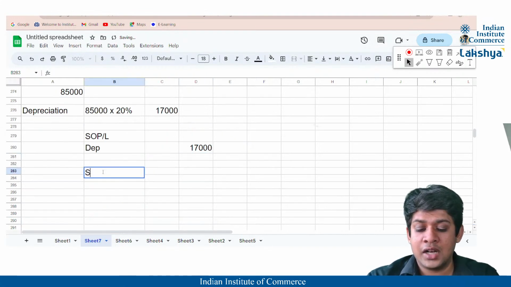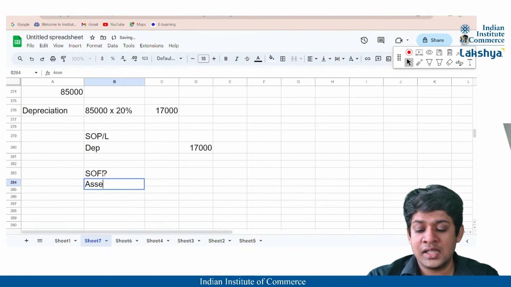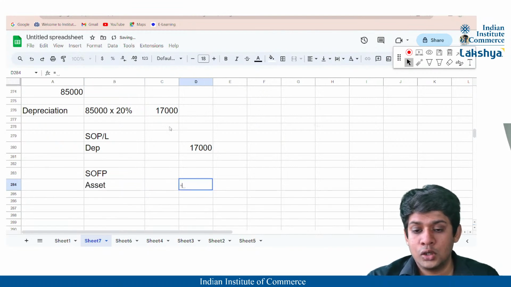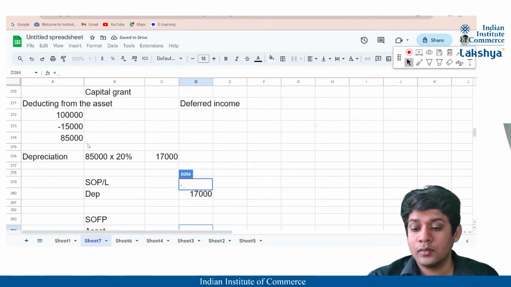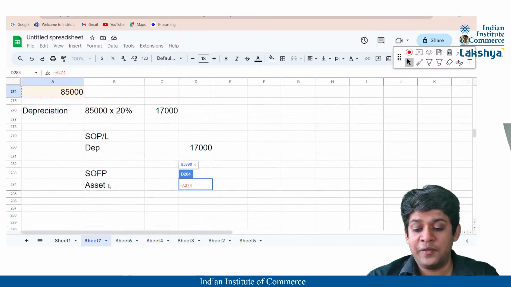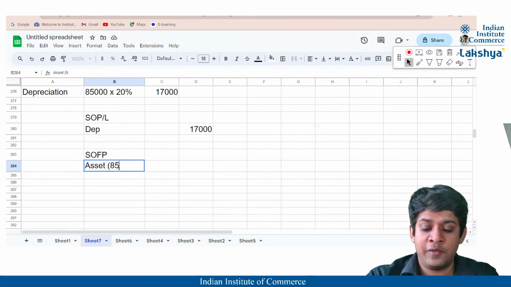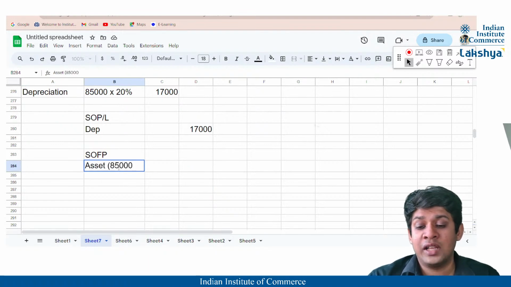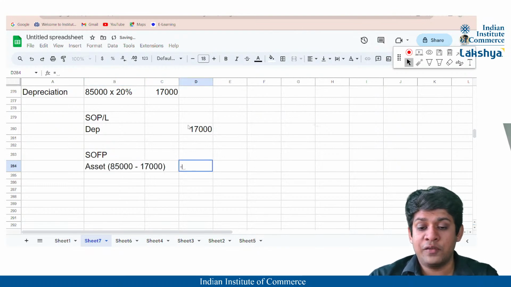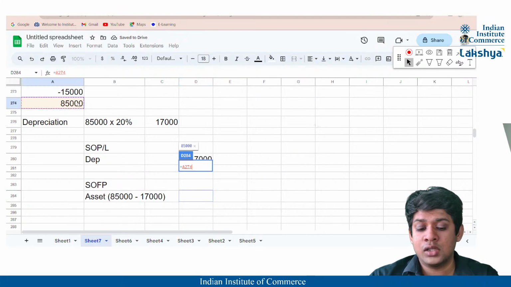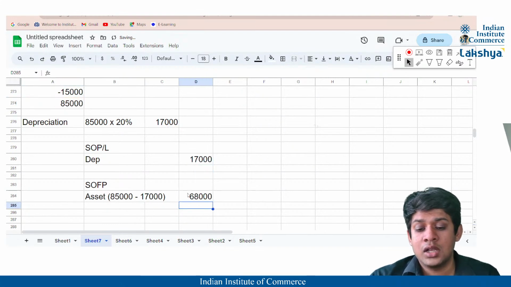And in the statement of financial position, I will state my asset not at 85,000. 1 year has passed maybe, right? Assets original value was 85,000, correct? 1 lakh minus 15,000. I directly deducted the complete grant from the asset value. Okay, minus 17,000 depreciation for the year. So the carrying value at the first year end will be 85,000 minus 17,000. That will give me 68,000, right?